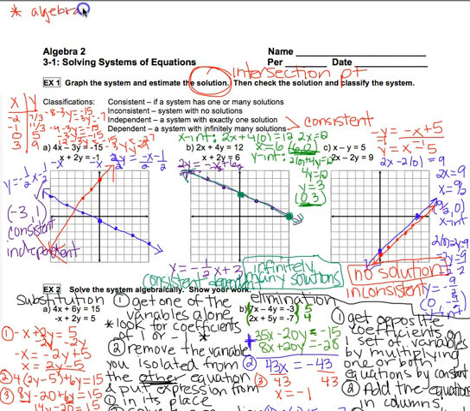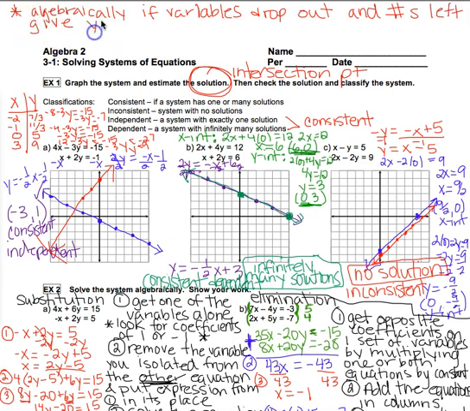Algebraically, if the variables drop out, meaning you're going through the steps and both your x's and your y's go away, and the numbers left give you a true statement, then that means that the answer, instead of an ordered pair, is going to be infinitely many solutions.